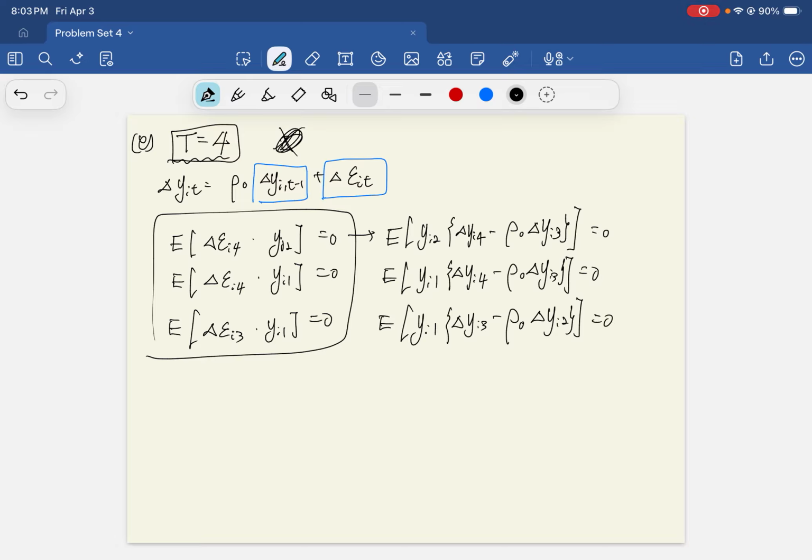Okay, so these are the 3 moment conditions we get. It is interesting because these are the same thing and these are the same thing.